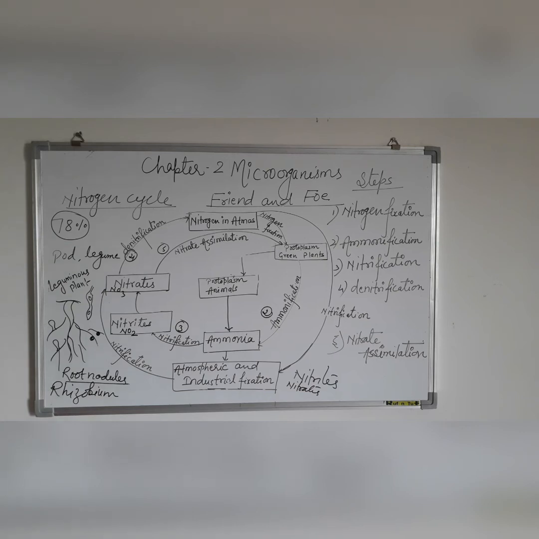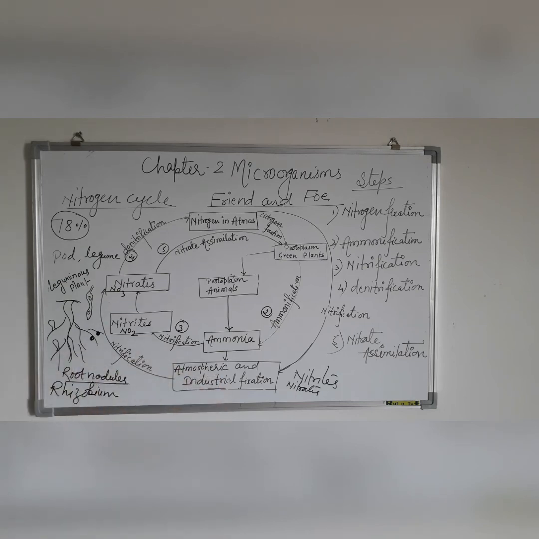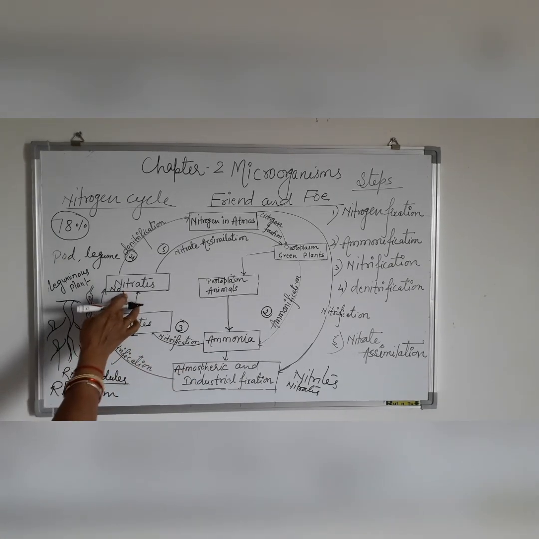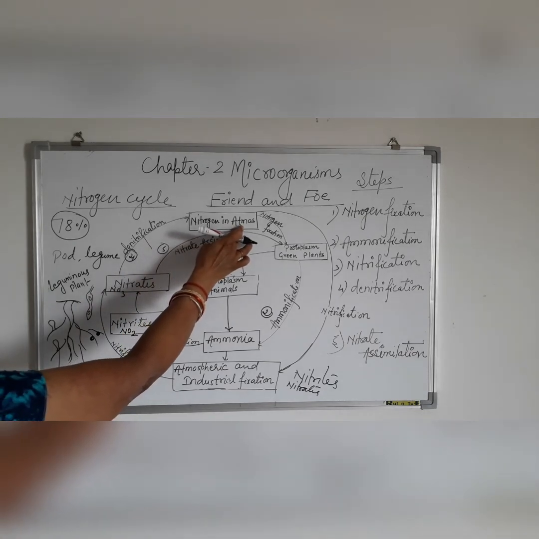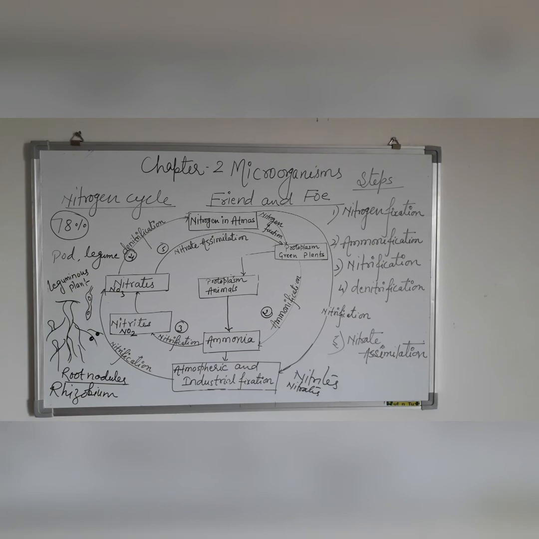So such a type of fixation of nitrogen is called biological fixation. Here I have written atmospheric and industrial fixation. It means that the nitrogen which is present in the atmosphere is directly converted into nitrates.